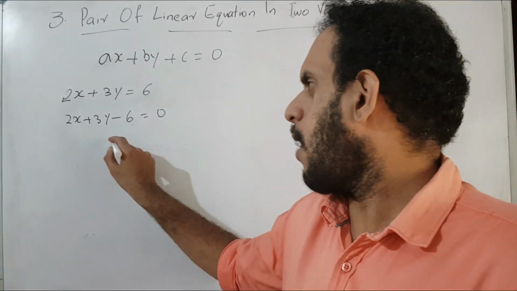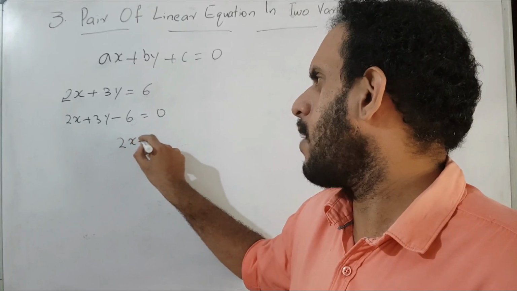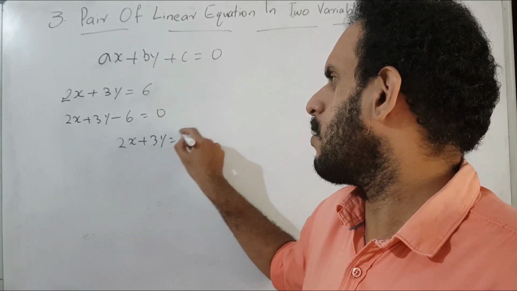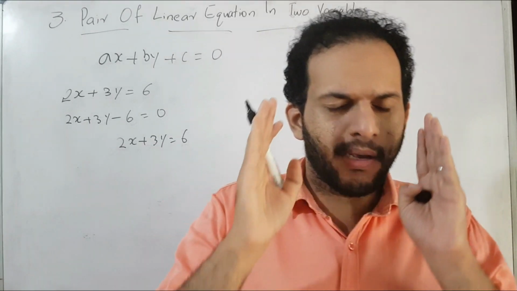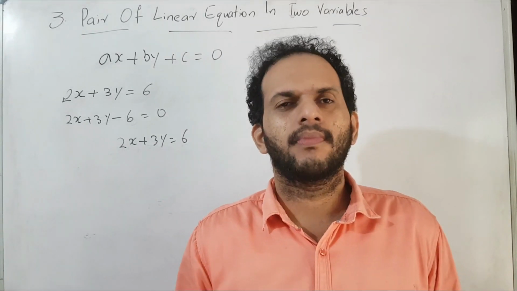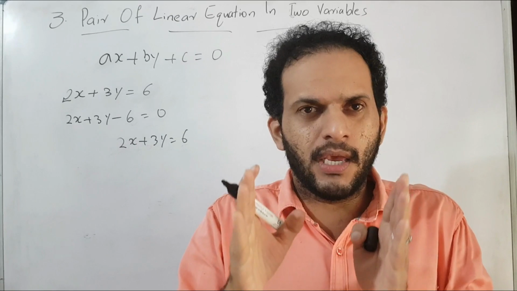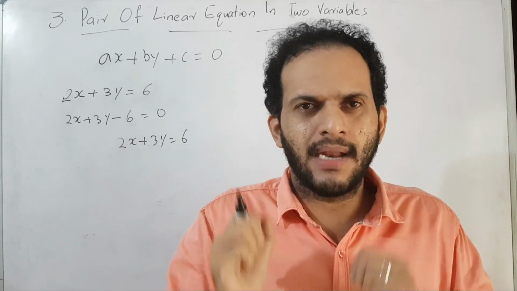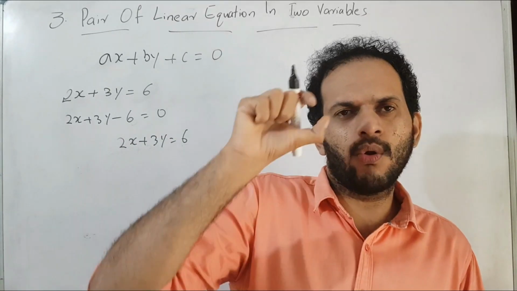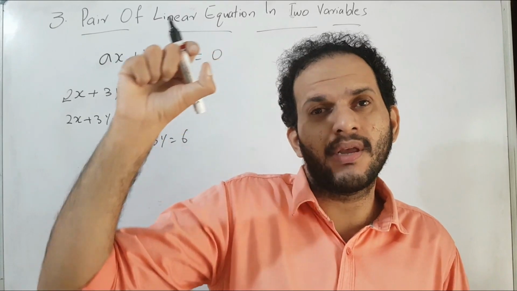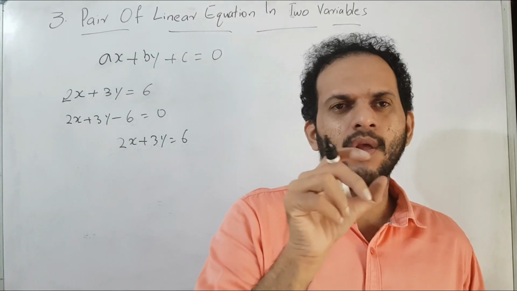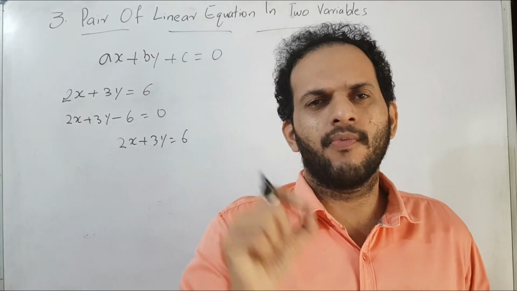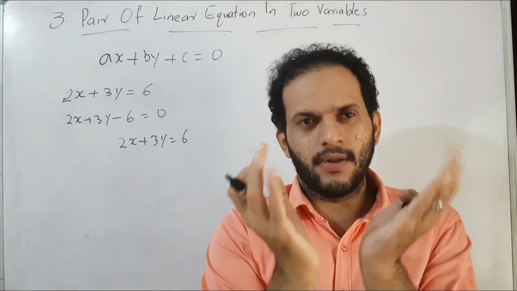It is a linear equation, and we know that the solution of this equation is a pair of values, the value of x and the value of y, in coordinate form.